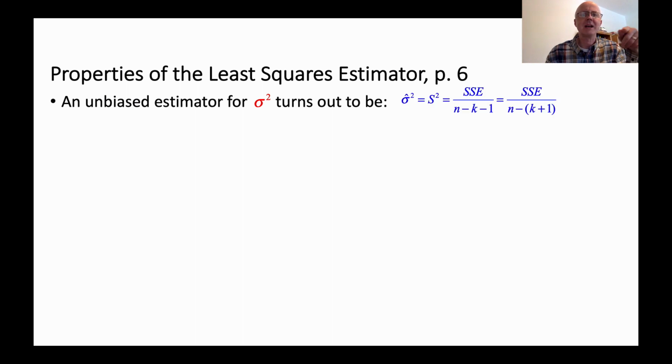Here it's SSE divided by n minus k minus 1, which you can also think of as n minus in parentheses the quantity k plus 1. Right? With simple linear regression, k is 1, your design matrix is n by 2, k plus 1 is 2, we have SSE divided by n minus 2.